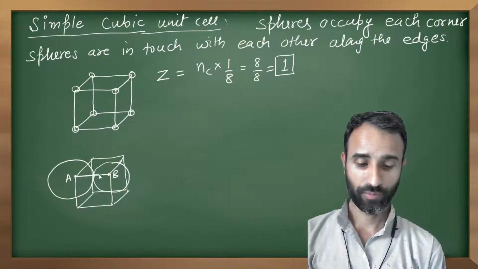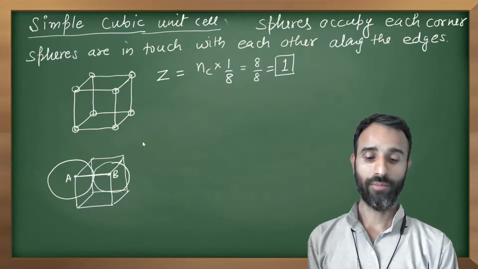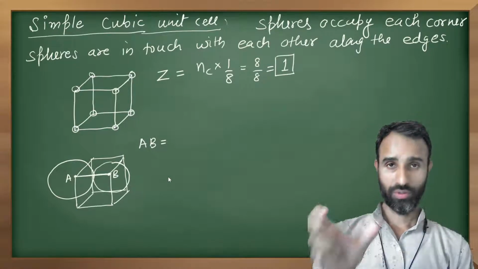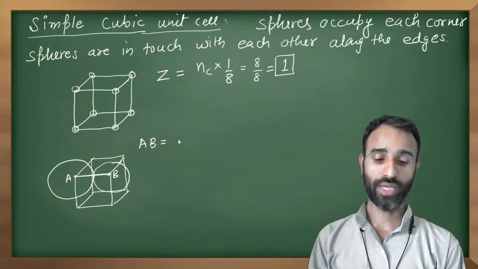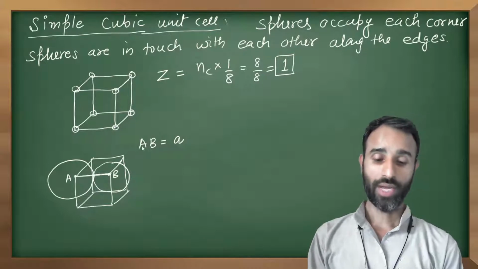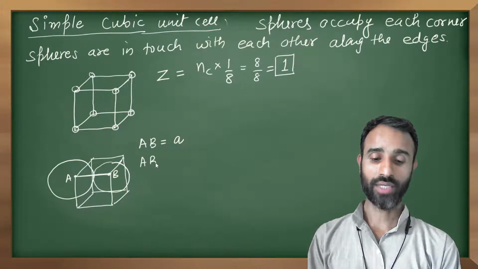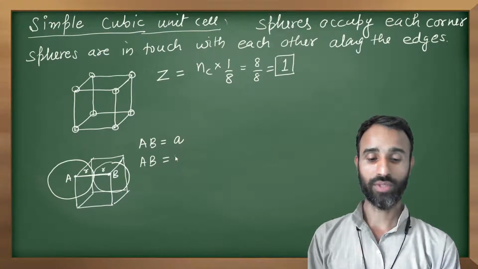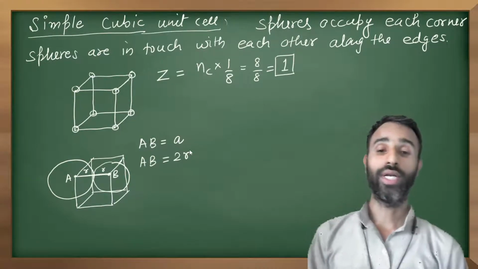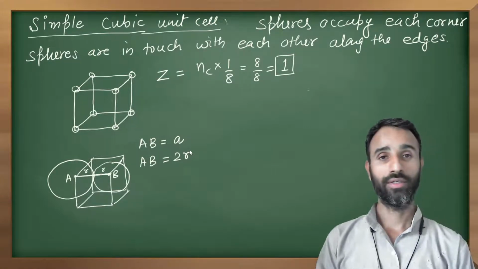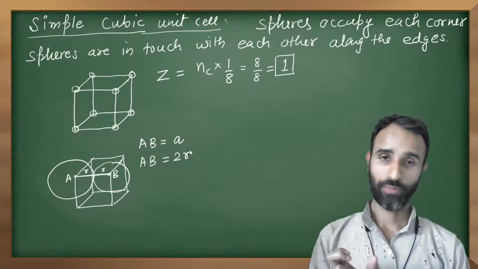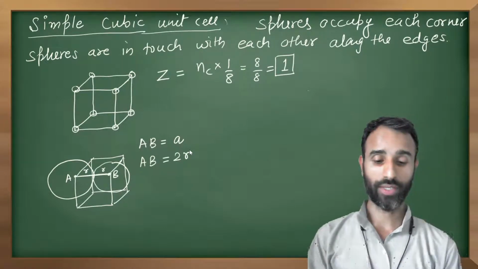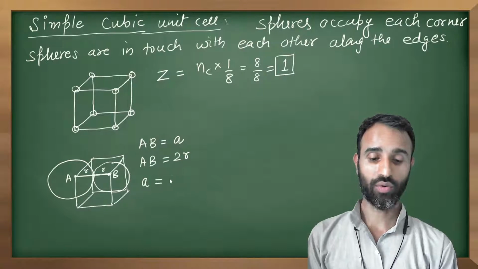This is the edge. So AB is edge length, and we have written edge length of the cube is A. In terms of R, the radius of the sphere, this is R and this is also R, means equal to 2R. So in terms of edge length, edge is A, and in terms of radius, edge length is equal to 2R. That means the relation becomes A equal to 2R.